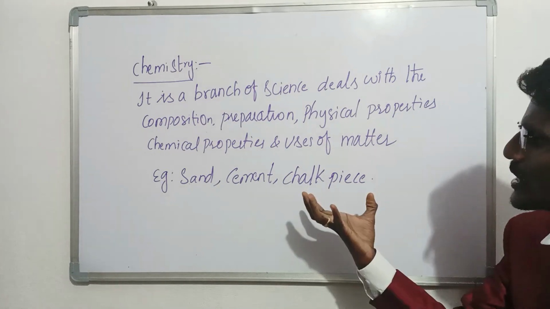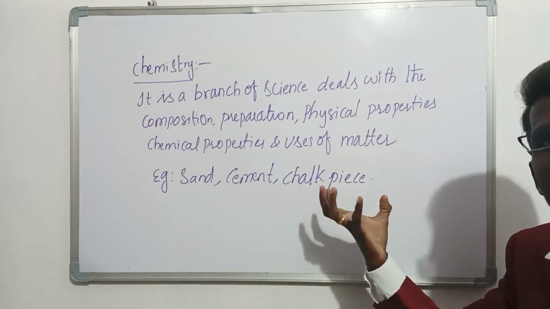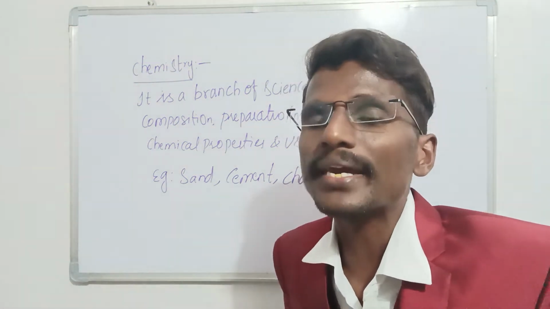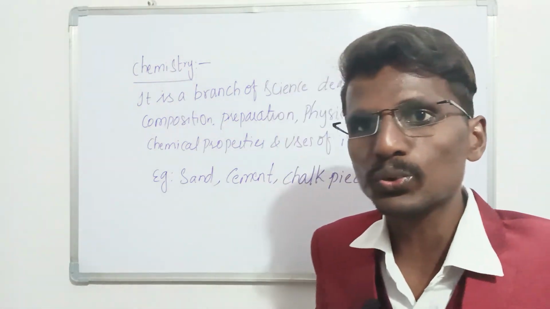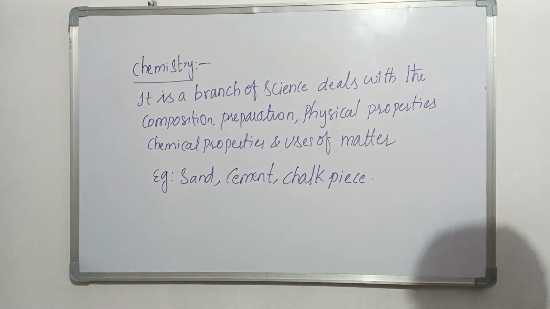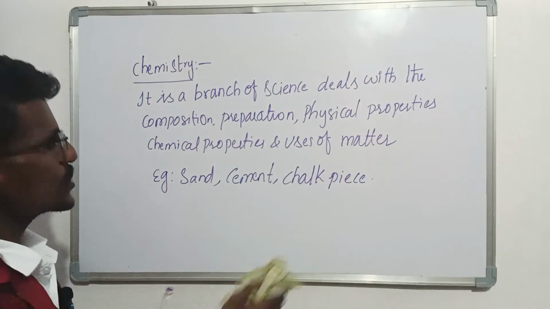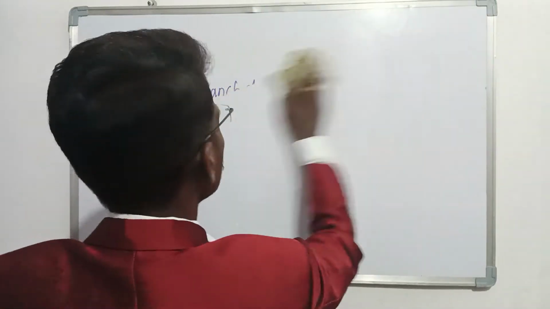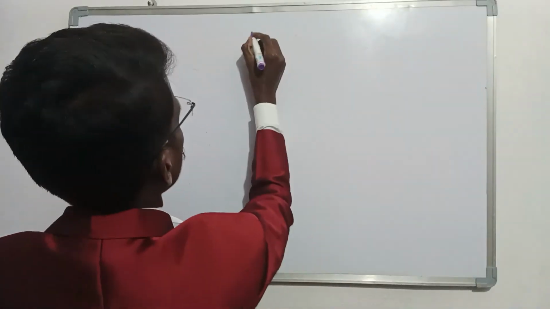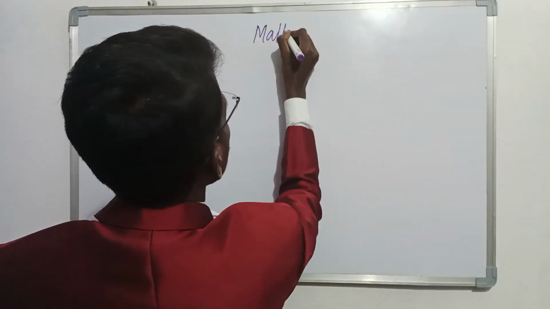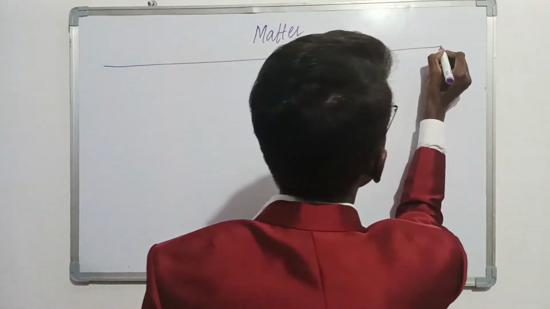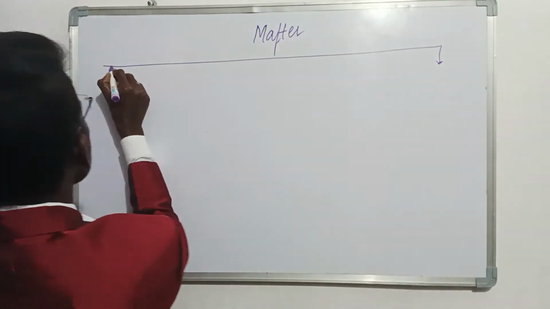The matter around us may be classified in two different ways. So we'll see the classification of matter. The matter which is present around us will be classified in two ways.